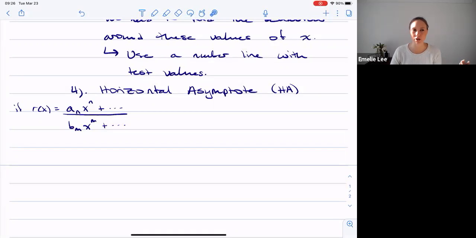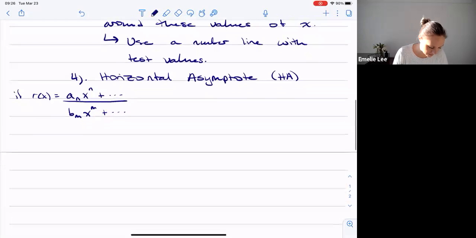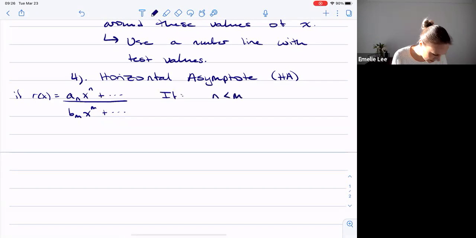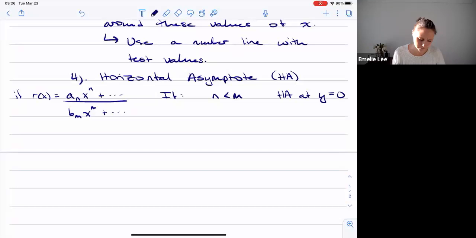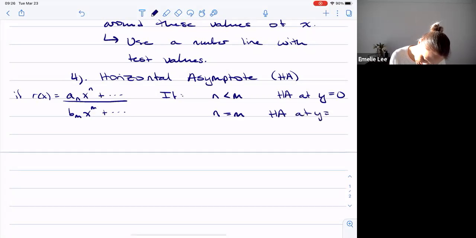So how we're going to determine the horizontal asymptotes is you're going to look at the degrees of the numerator and the denominator. If n is less than m, then you have a horizontal asymptote at y equals 0. If n is equal to m, then you have a horizontal asymptote at y equals a_n over b_m.